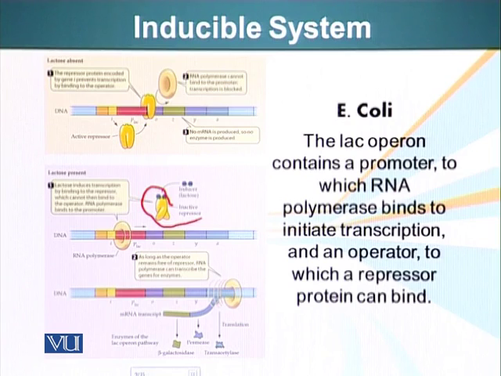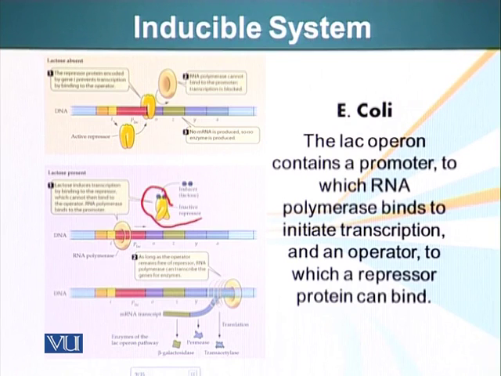Here, since lactose is inducing the production of these genes which are used for lactose metabolism, it is referred to as the inducer. And the inducer, when it binds the repressor, releases the repressor from the DNA and transcription can take place. So what are those genes?